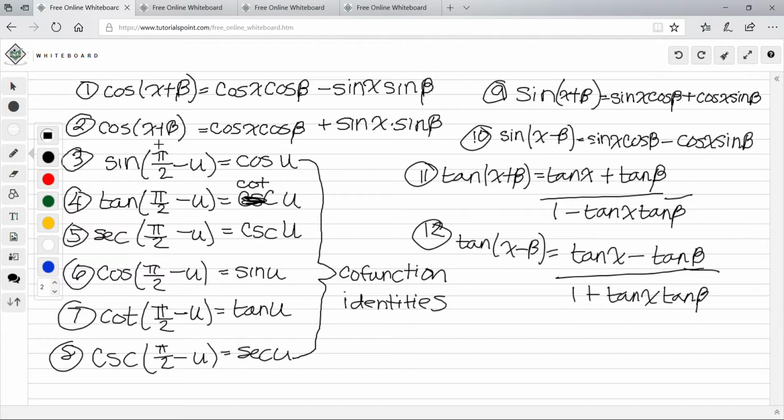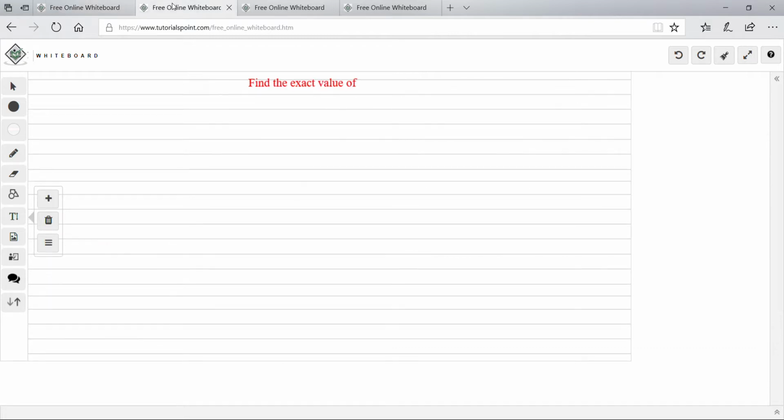Okay, so let's start doing problems. Example 1: find the exact value of cosine of 75 degrees. We will use the cosine of sum formula.